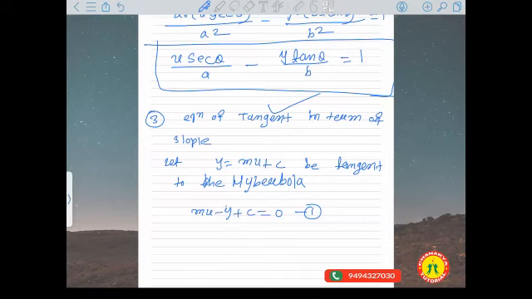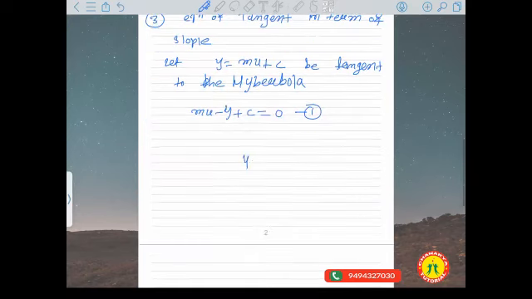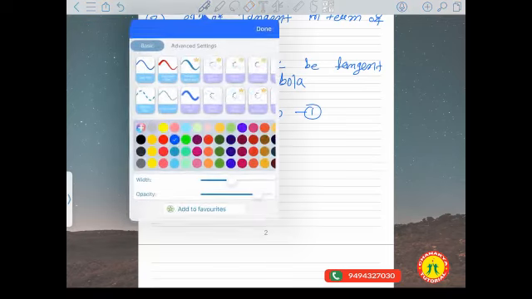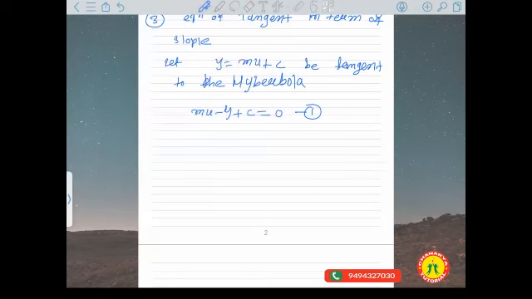Try to do. मैंने इलिप्स का टेंजेंट का इक्वेशन कैसे लिखा था? y इक्वल टू mx प्लस माइनस रूट अंडर a स्क्वायर m स्क्वायर प्लस b स्क्वायर. ये हमारा इलिप्स का इक्वेशन था, इक्वेशन ऑफ टेंजेंट. सिमिलरली also like that equation of tangent to the hyperbola आएगा, right? So we need to find like that. So we need to find c value basically.